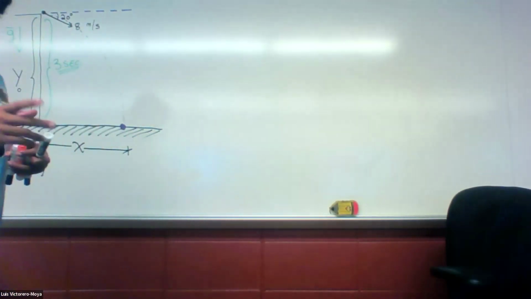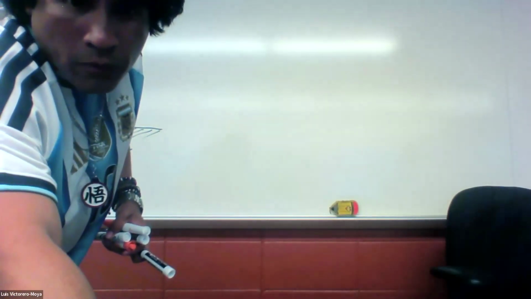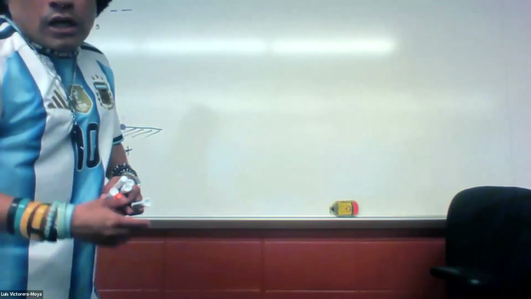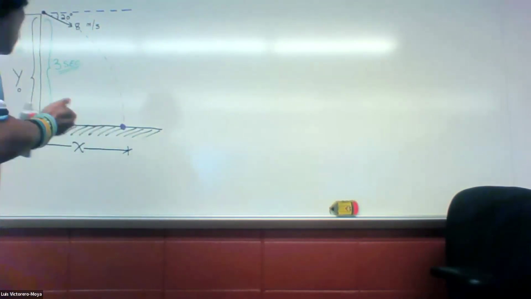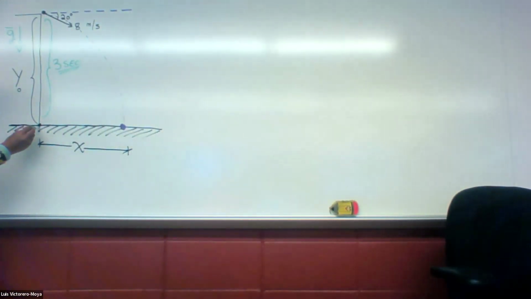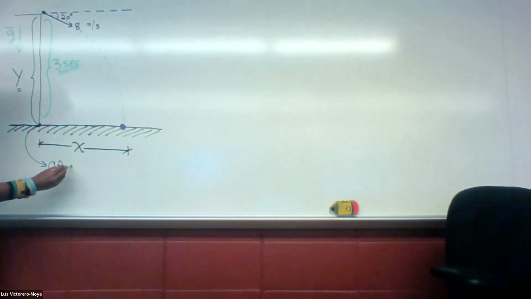Now, if we go back to the example, they are telling you that the base of the building is the origin. So here, that's the origin. Why do they tell you that?